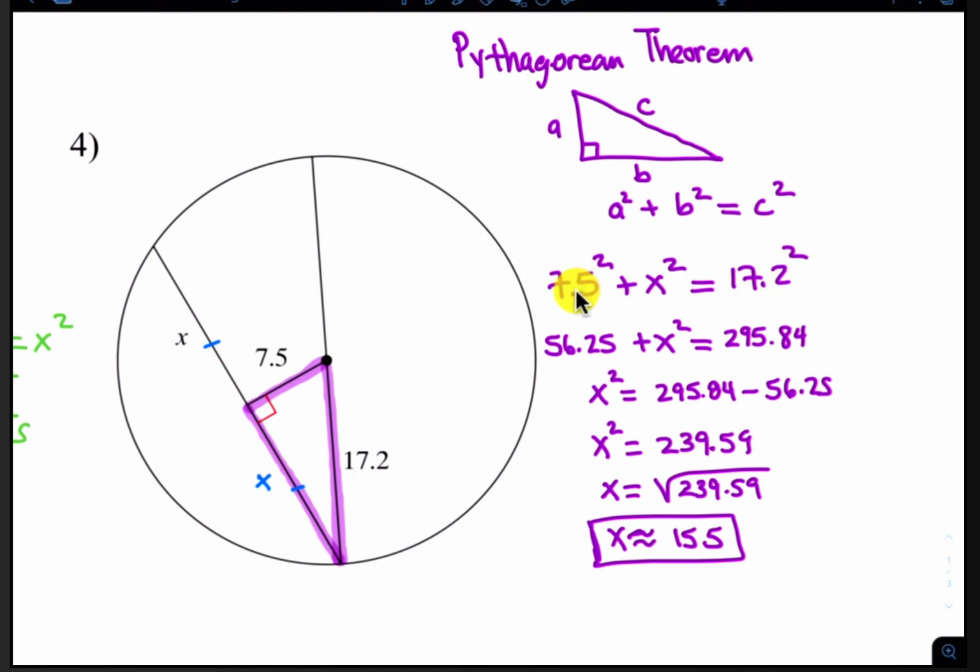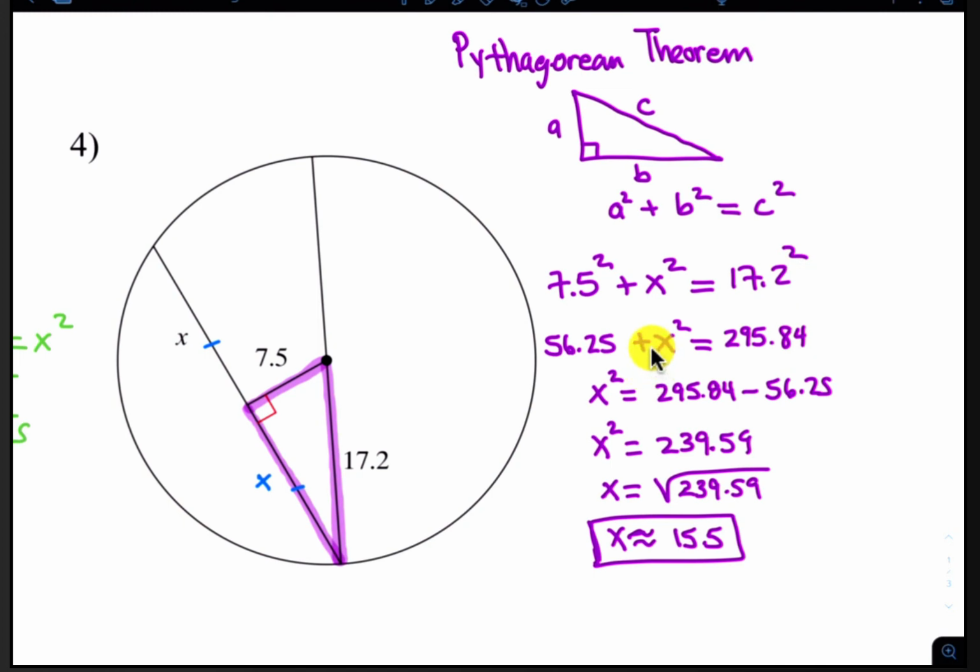Using your calculator, you can find that 7.5 squared is 56.25, plus the x squared is equal to 295.84, and that's from 17.2 squared.